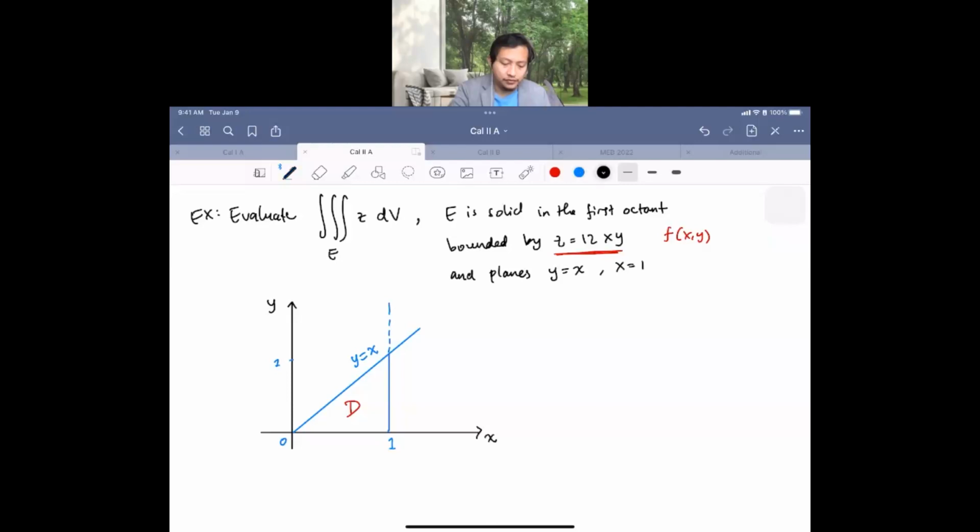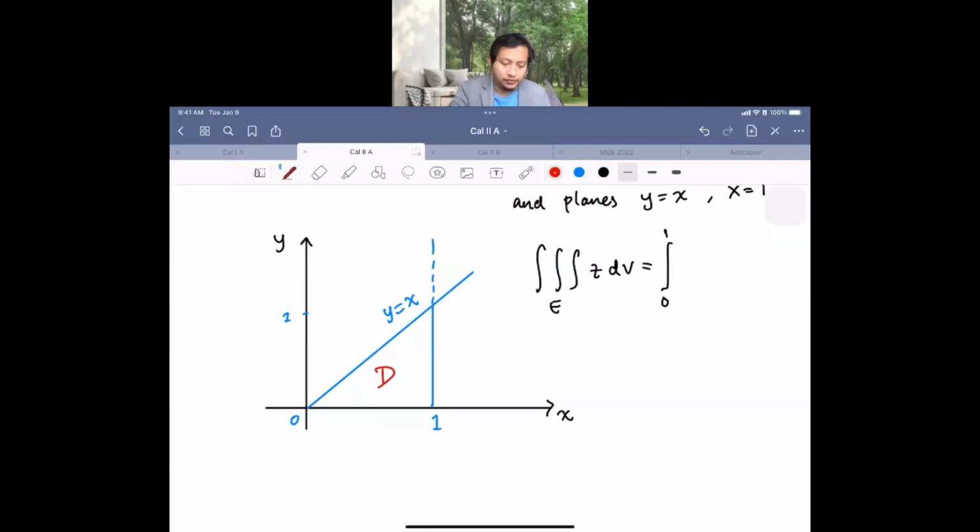Now based on what we have, we could write the triple integral for z dV as, if you would like to start with x for the outside integral, we start from x, from 0 to 1. And then for y, we could start from 0 to x, right?